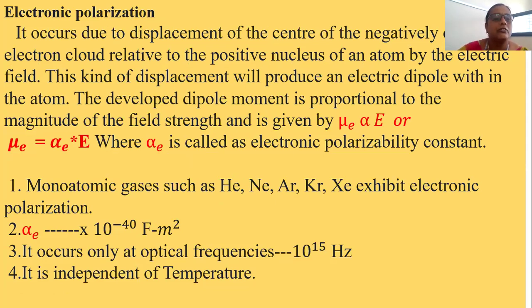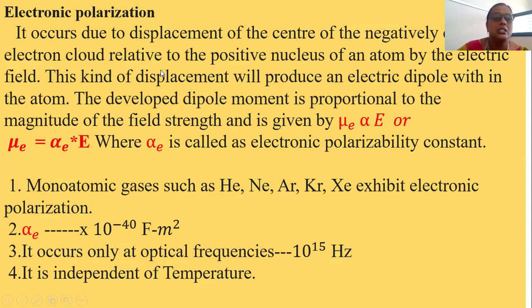By the application of the electric field, this displacement will produce an electric dipole. When they are far apart from each other, they form an electric dipole within the atom. This polarization is known as electronic polarization. You should remember this.